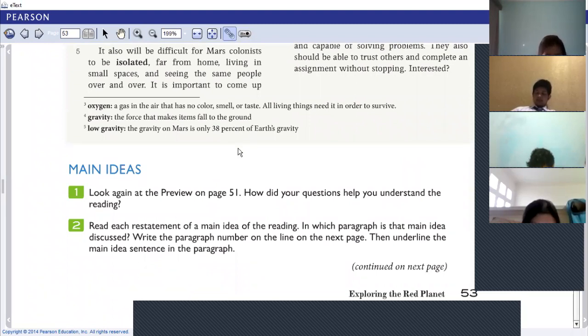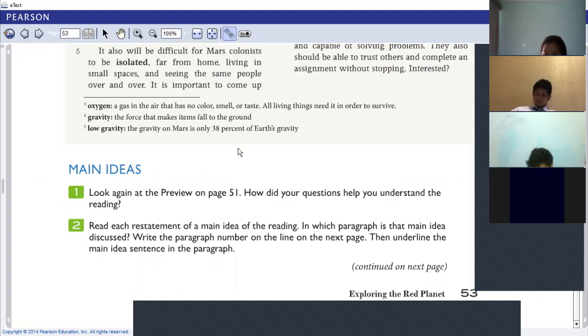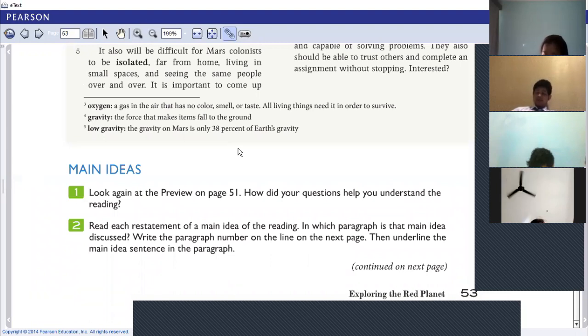Then you get this connection of, hey, I was on the right track or not. The preview is important just for yourself to be ready to receive the information. Otherwise, halfway through the text, you go like, what was I reading? So you really need to get that focus. Read each statement of the main idea of the reading, which are on the next page.